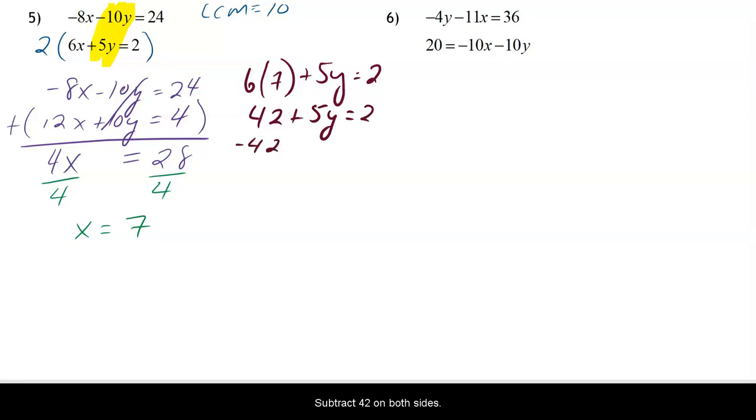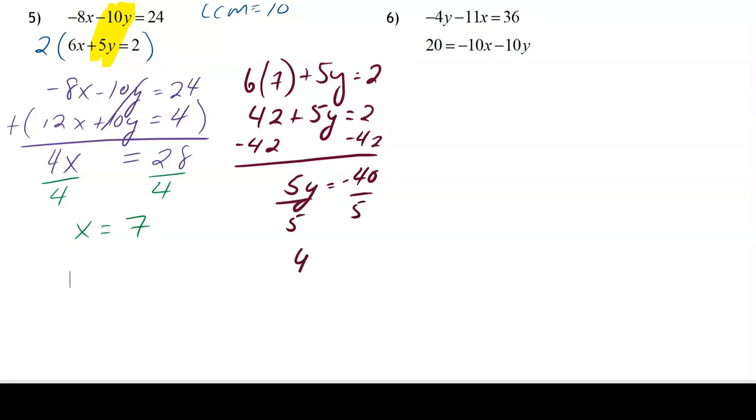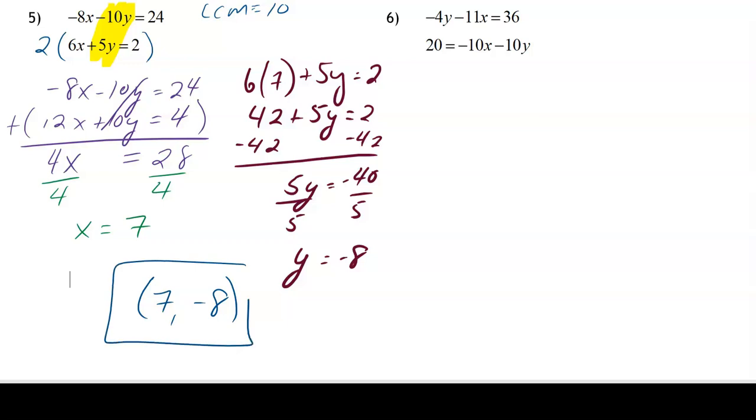Subtract 42 on both sides. 5y will equal negative 40. Divide both sides by 5. And y would equal negative 8. So our ordered pair for number 5 would be 7, negative 8 for our solution.